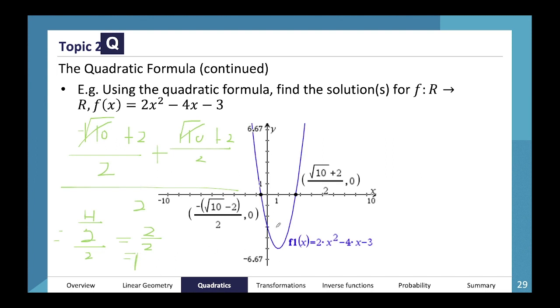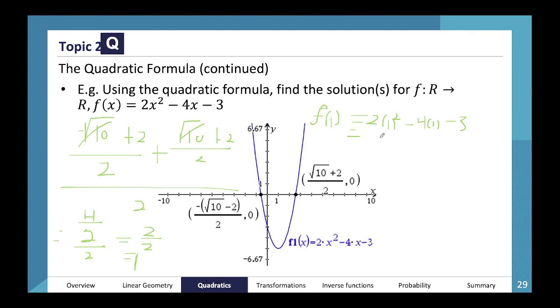Next, we need to figure out our y coordinate for our turning point. So the way I'll do that is I'm going to do f of 1, substituting 1 into here. That's going to give me 2 times 1 squared minus 4 times 1 minus 3.